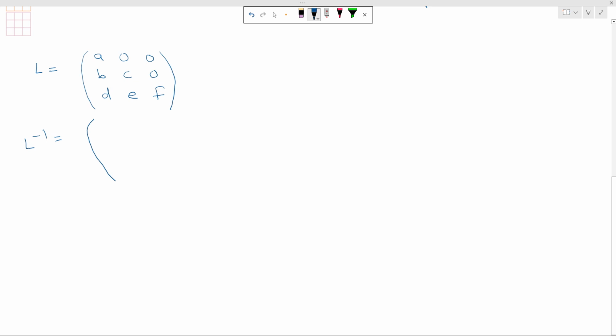Now you see, we have a point. The inverse of a lower triangular matrix will also be a lower triangular matrix.